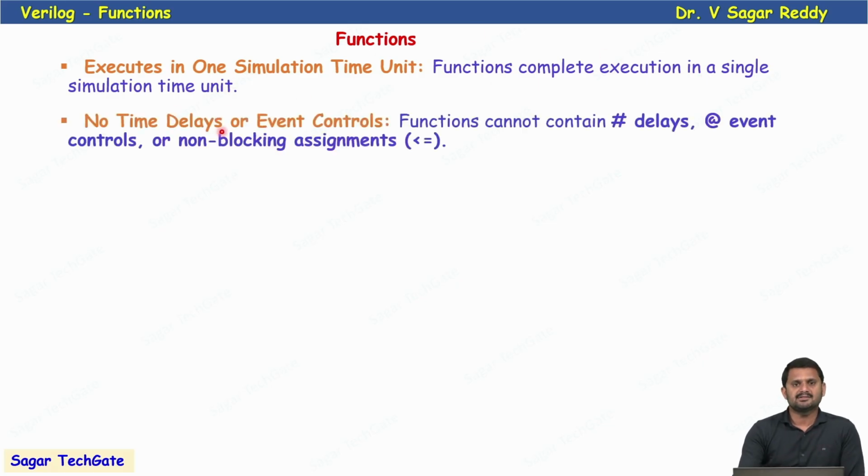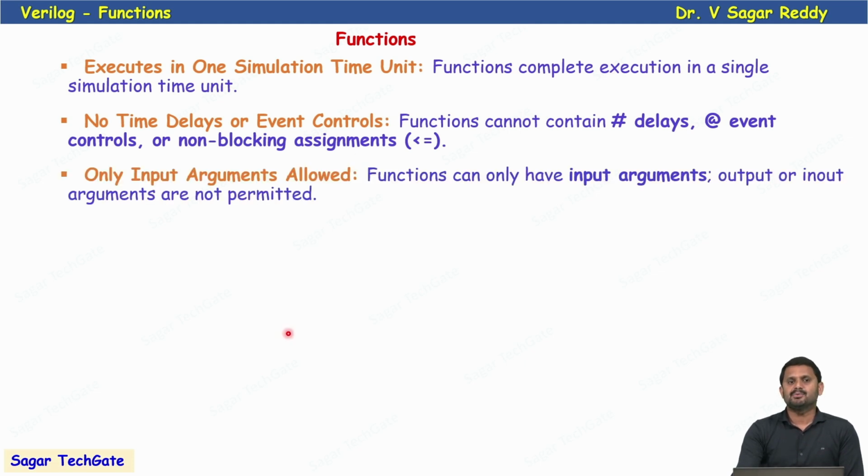So no time delays or event controls: a function cannot contain constructs like hash delays or event controls. We already discussed that in non-blocking assignments, the evaluation of the right-hand side expression is done immediately, but the assignment to the left-hand side is scheduled at the end of the current time step. So we never use non-blocking statements, delays, or event control statements in a function.